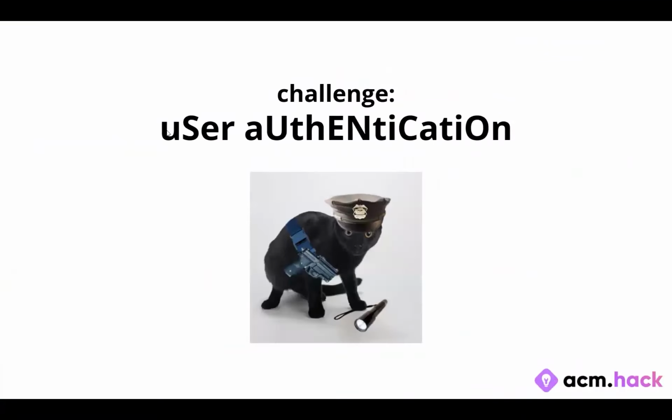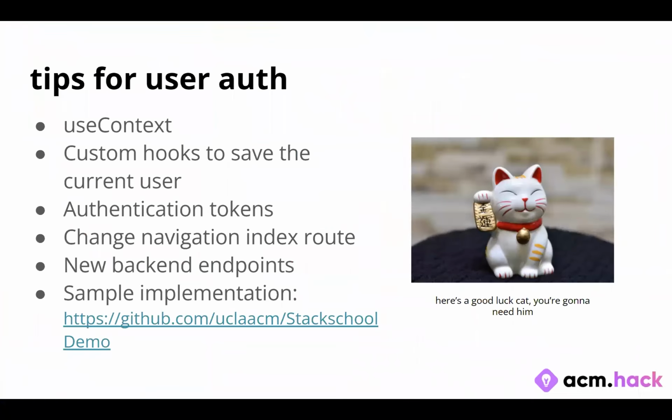And then now we have a challenge for you, and that is to implement user authentication. And I have a couple of tips for user auth. So you can use context. Essentially what you're doing is you define your token hooks to save the entire user and get the context.